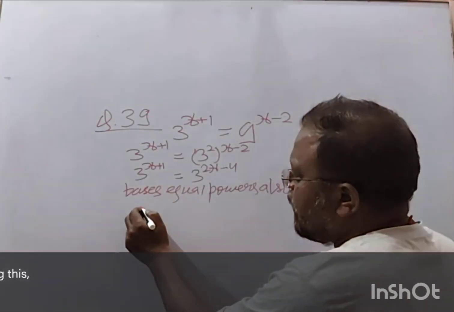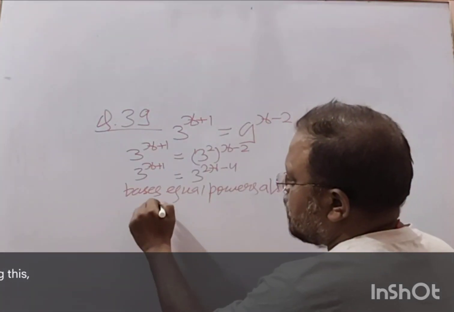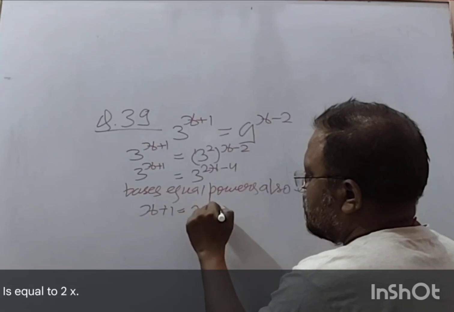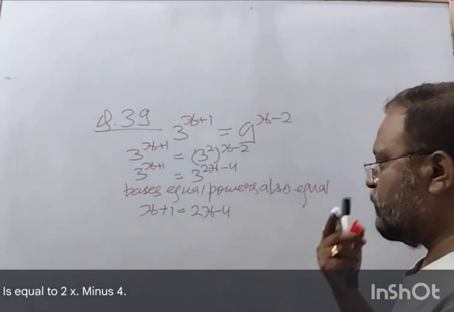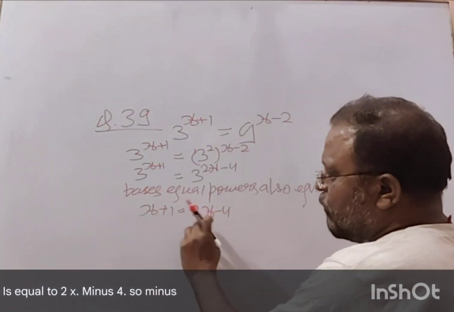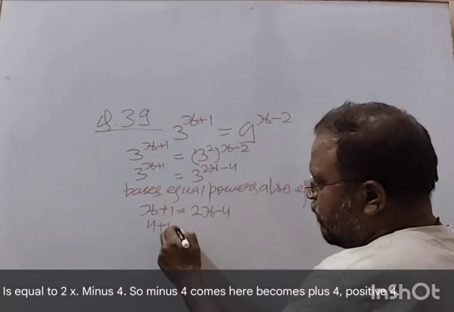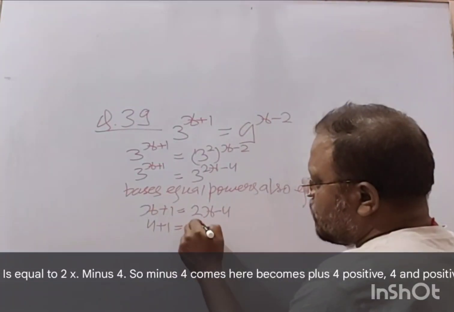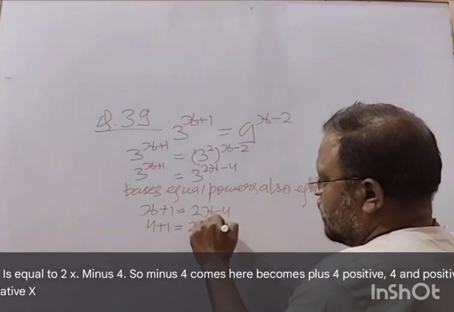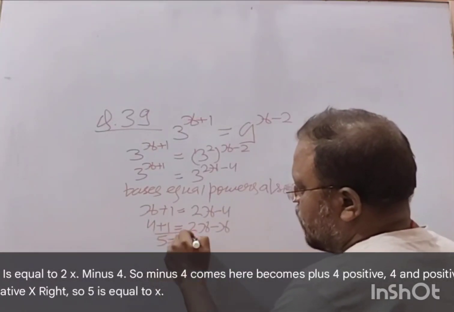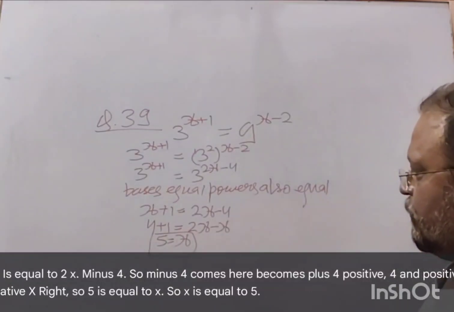No, we will not add them, we take x plus 1 is equal to 2x minus 4. So minus 4 comes here, becomes positive 4, and positive x goes to the other side, it becomes negative x. Right? So 5 is equal to x. So x is equal to 5.